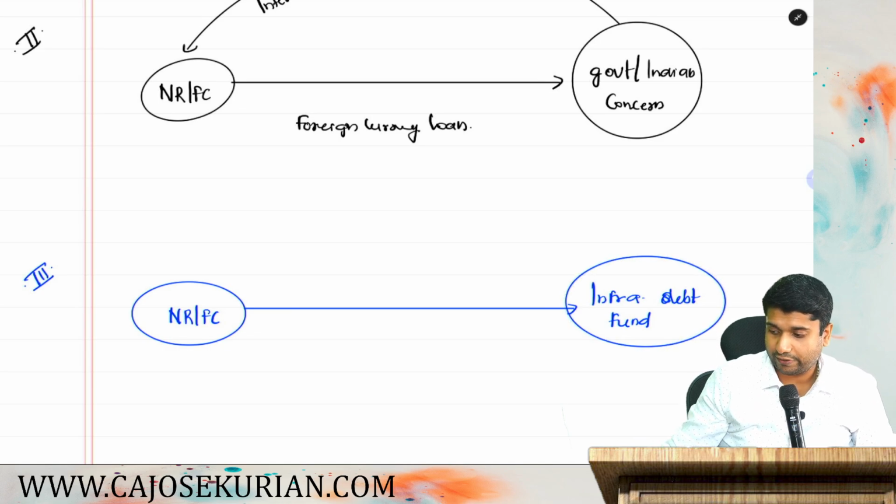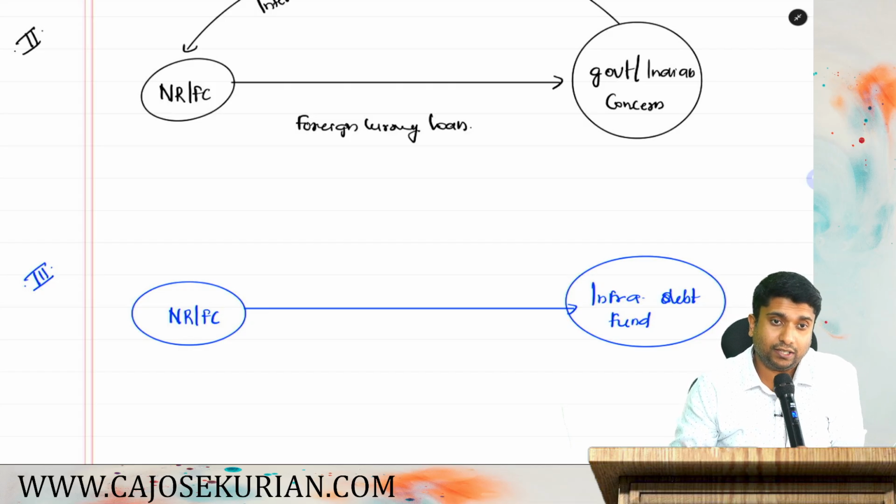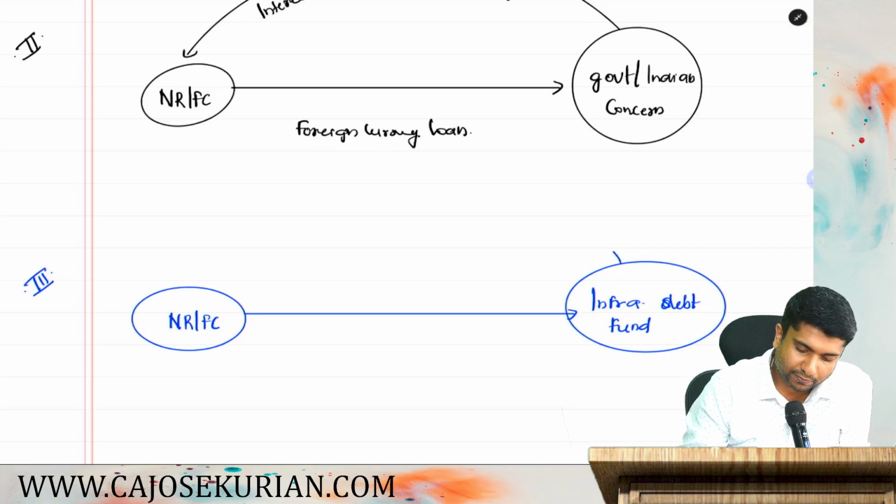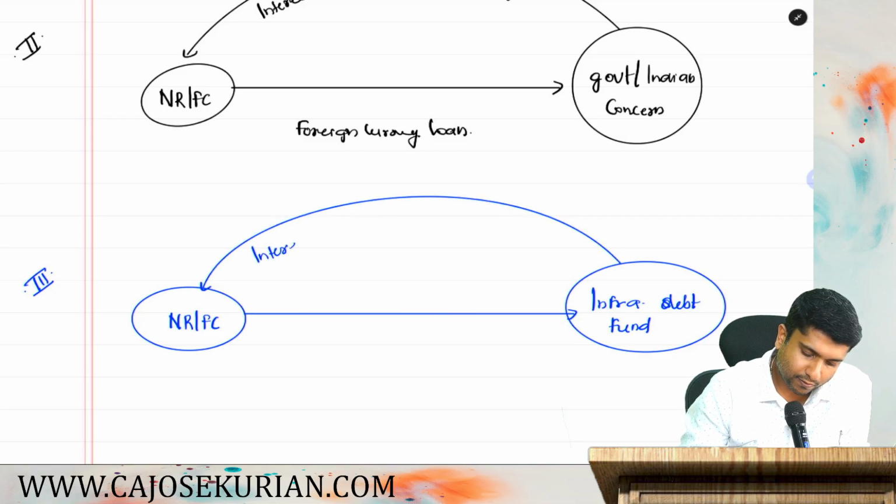You have invested where, friends? In infrastructure debt funds. And who are you? You are basically a foreign company or a non-resident. If you are investing in an infrastructure debt fund, from that fund you will get interest. This interest is again taxed at 5% rate only under 115A.